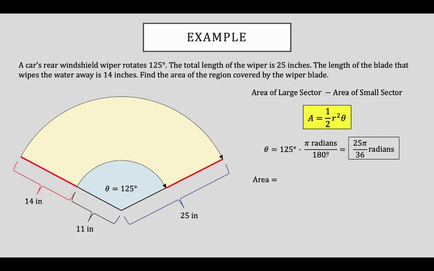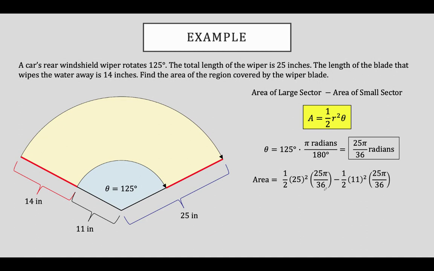So our area is going to equal 1/2 times 25 squared, that's our large radius, squared, times theta, minus 1/2 times 11 squared, that's our small radius squared, times theta. All right, and one thing to make note of that might make this calculation a little bit easier is that each one of these terms here has a 1/2 times 25 pi over 36.